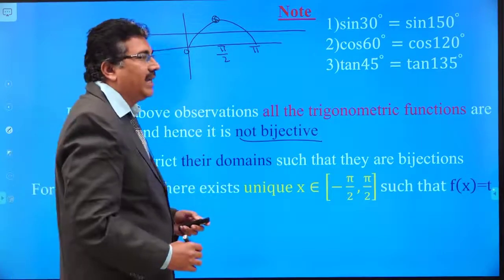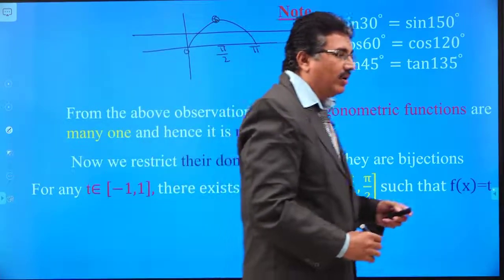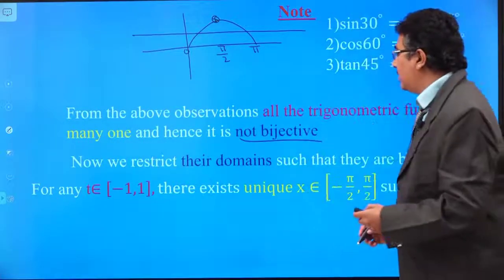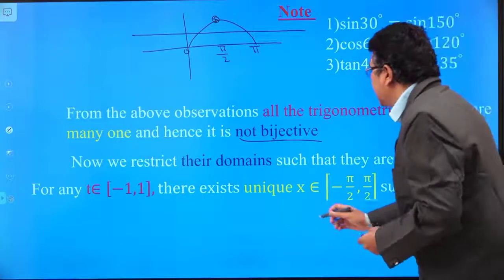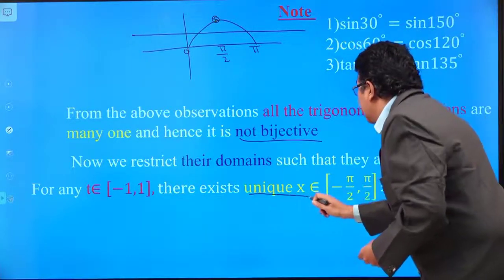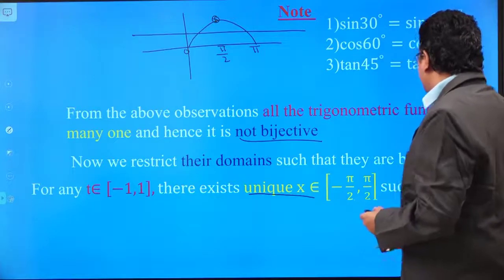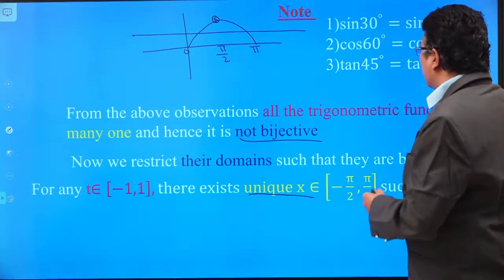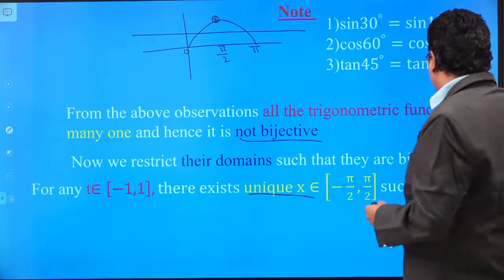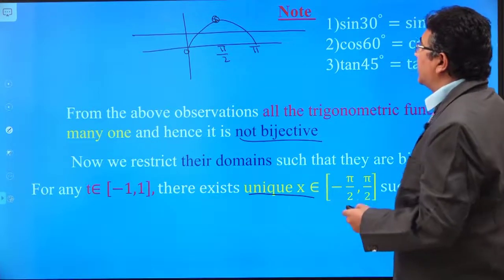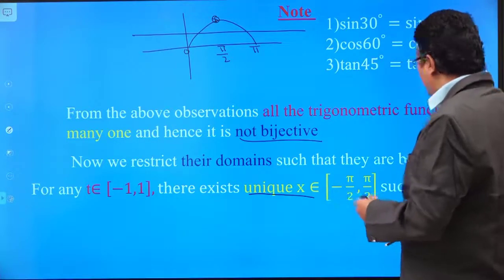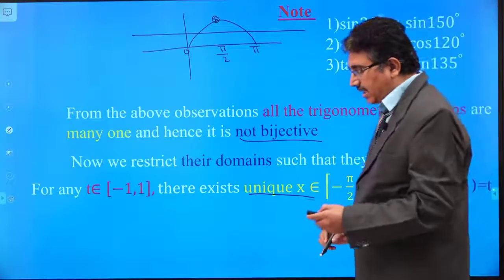For any t belonging to the closed interval [-1, 1], there exists a unique x belonging to the closed interval [-pi by 2, pi by 2] such that f of x is equal to t.